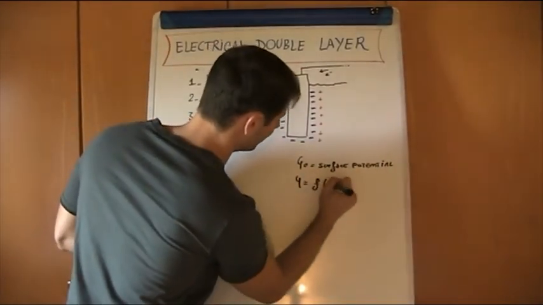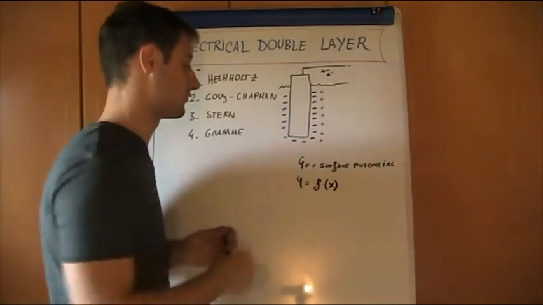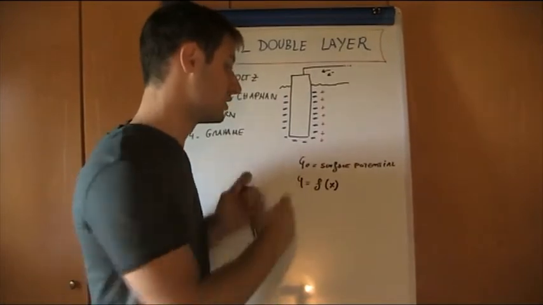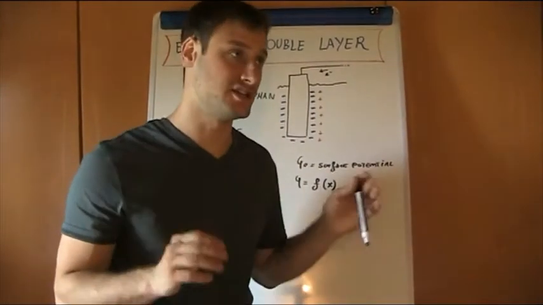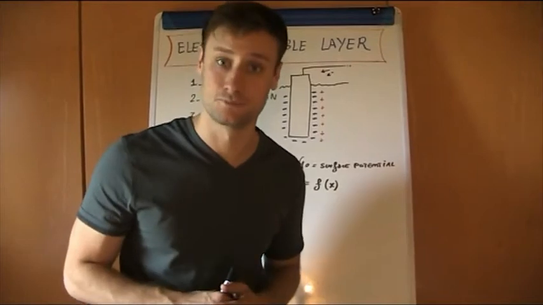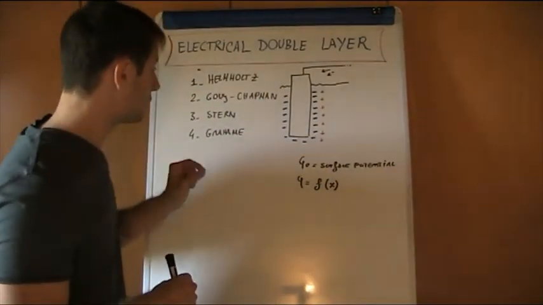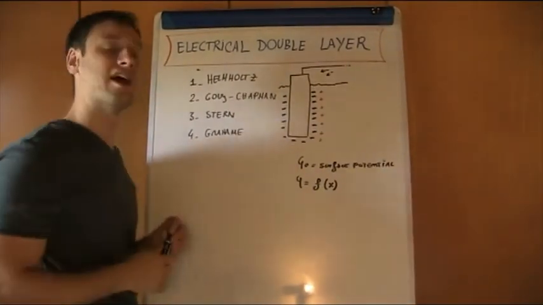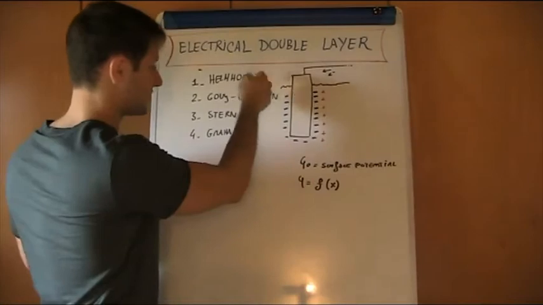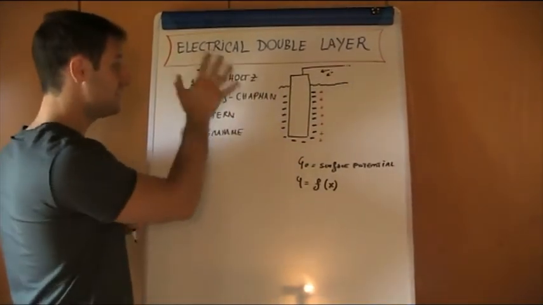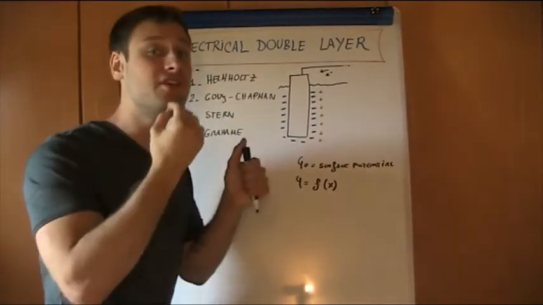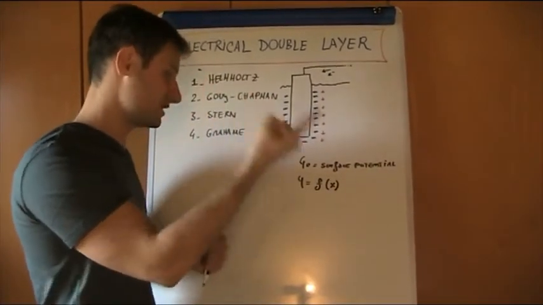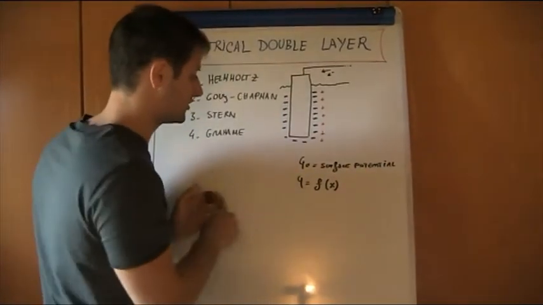So the potential, not the surface one, is a function of what? It is a function of the distance from the surface of the electrode toward a hypothetical infinite distance from it. So the reason we are so interested in the modelization of an electrical double layer with different types of model is that different models, based on different assumptions, are able to provide different information for the resolution of this function.